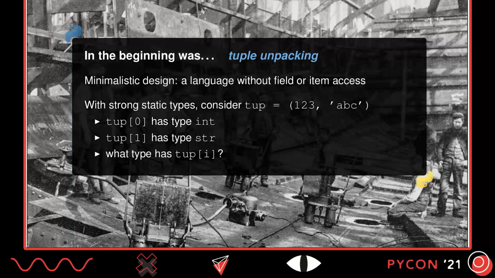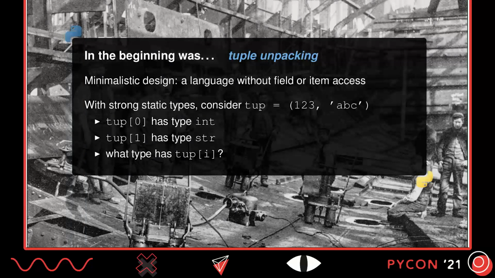The problem was, however, how to deal with tuples. A tuple can have elements of different types. In the example on the screen, we have an integer for the first field and a string for the second. If we now used some item access here, we know that tuple[0] has type integer, tuple[1] has type string, but if we look at tuple[i], we could not figure out the type of tuple[i], whether it is an int or string, without knowing exactly what value i has.